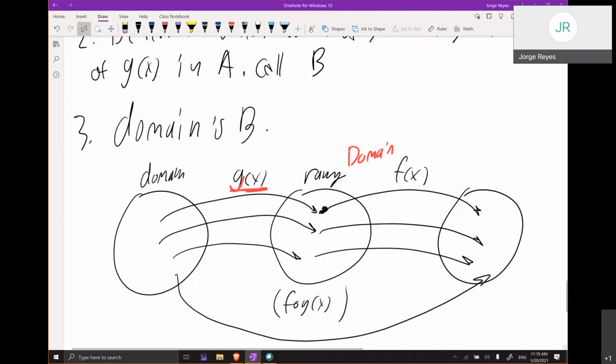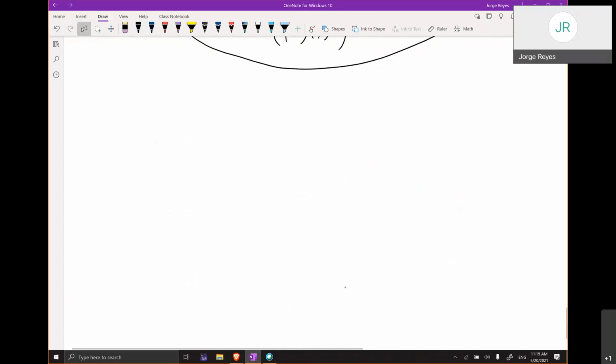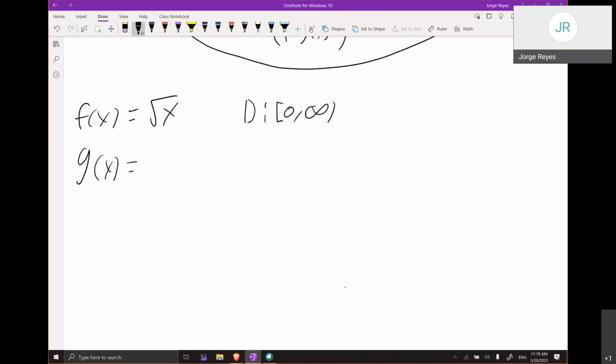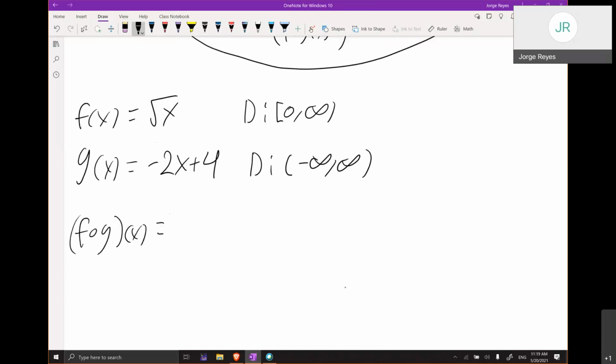We have f of x, that's the square root of x. This one has domain 0 to infinity. We have g of x, which I'm just going to make this line. We know that polynomials have domain negative infinity to infinity. So if I want to f of g these, that means I get this, which I can just solve like normal.